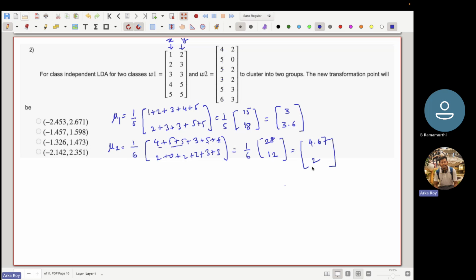So we have got mu1 and mu2 for this ridiculously large matrix.